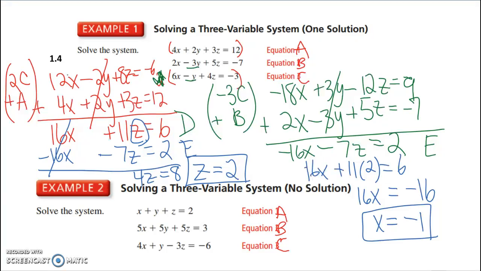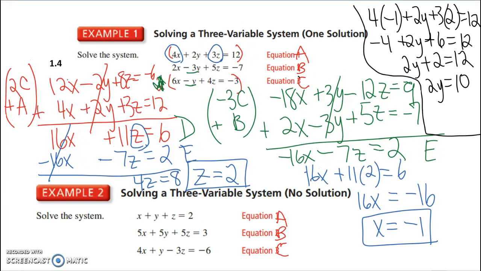And then my last step is going to be substitute in your z and your x into one of these equations. I'm just going to pick the first one and then solve for the y. So you can see I took equation A and I plugged in my x value and my z value.